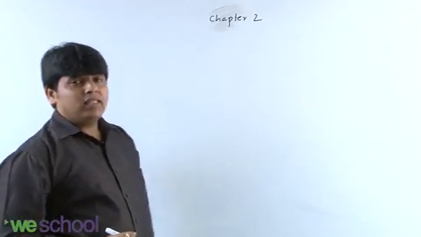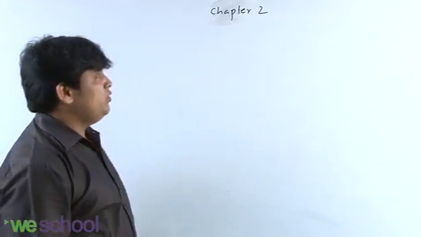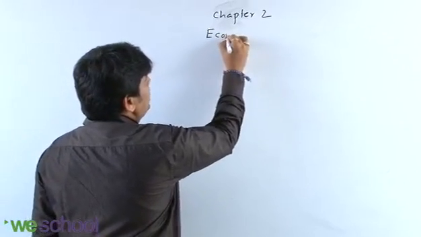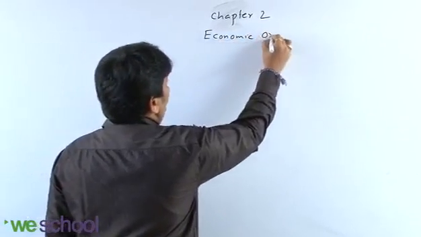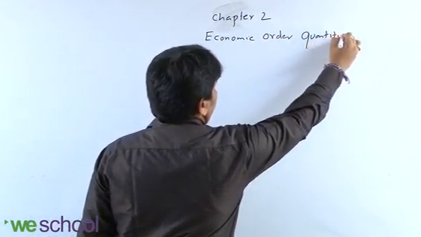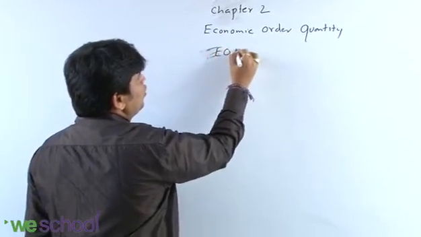Okay, let us try some of the problems from inventory control method. In one of the inventory control methods, there is one topic called economic order quantity. That is called EOQ.